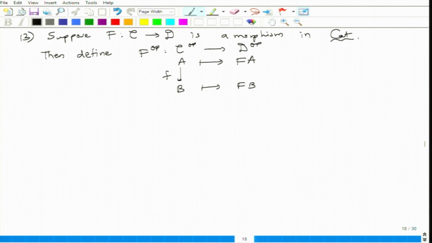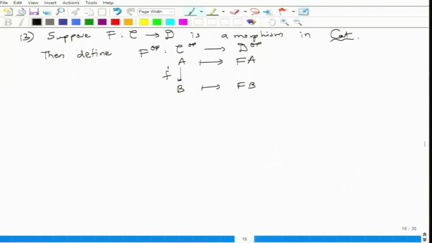First of all, make sure whatever I have written is correct. I said that let f be a morphism from A to B, but every morphism in C op is already of the form op of something. So I should not be writing this actually. I should be writing f op over here.